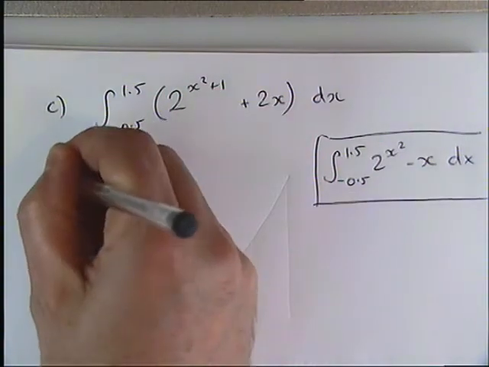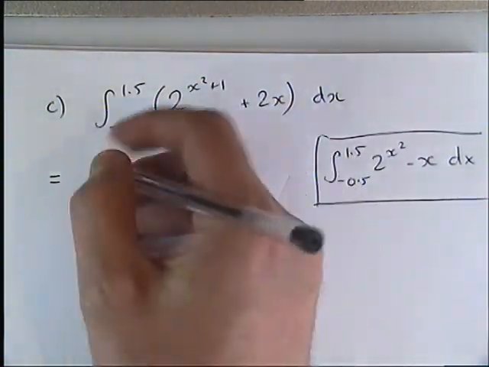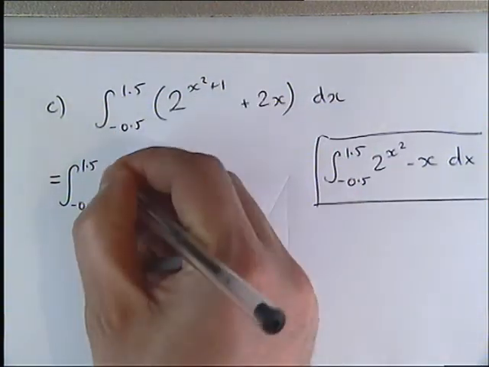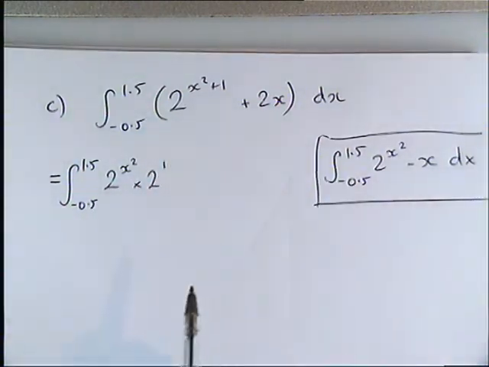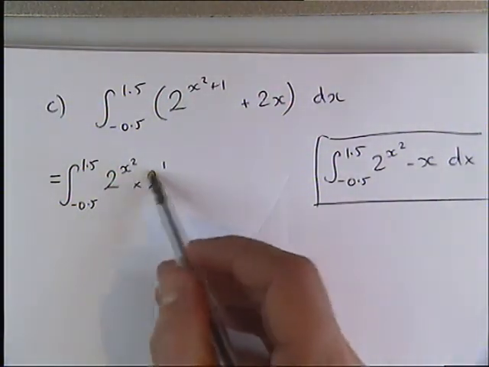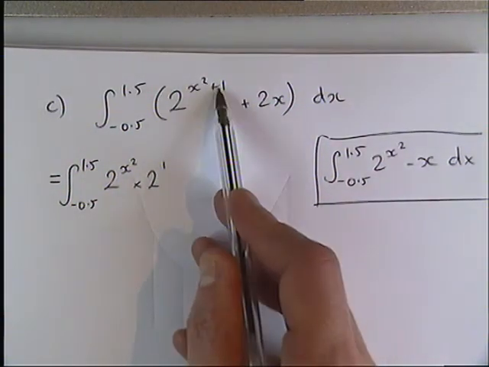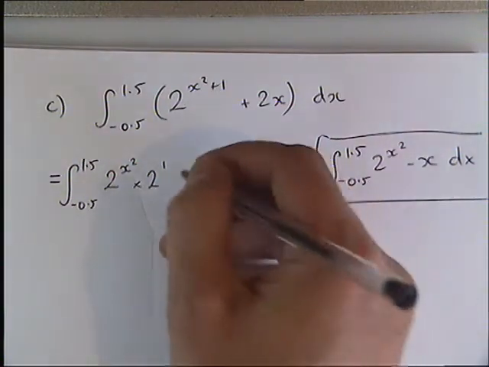So what I'm going to do is think, okay, that plus 1, I can use my laws of indices to rewrite that as 2 to the power of x squared times 2 to the power of 1. Remember, the laws of indices say if you're multiplying, then you add the powers. Well, here we've got powers which have been added, so we're going to work that backwards, separate them.